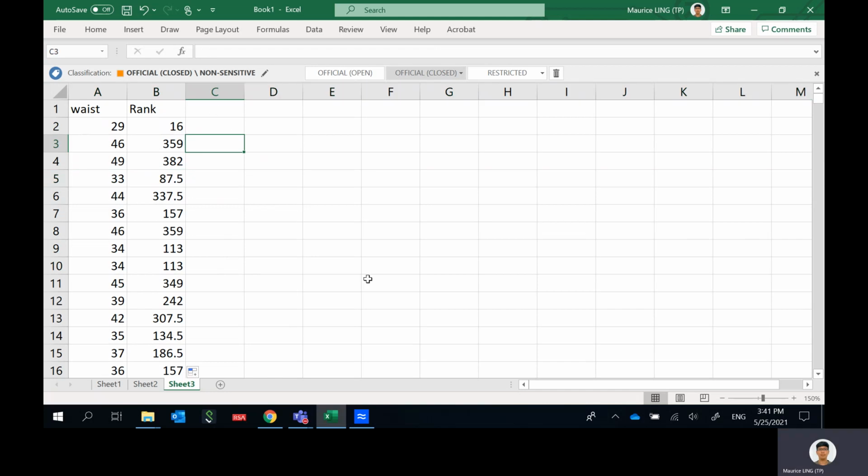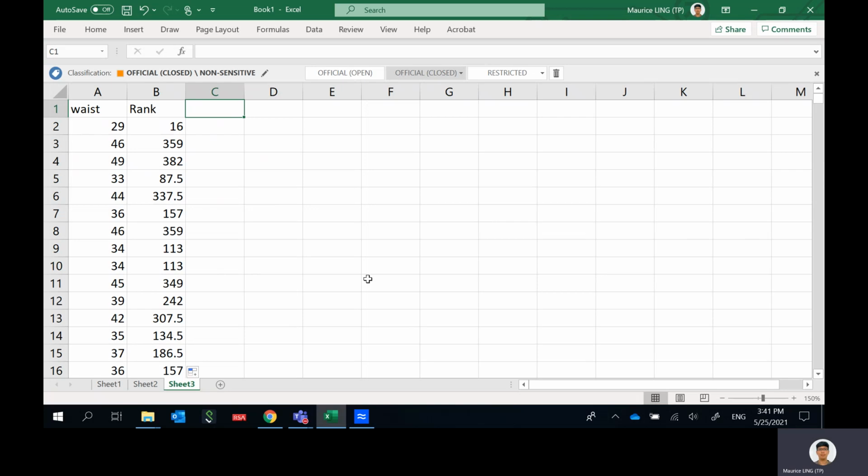All up to here? All done? Now you have to do it step by step. So the next step is you want to convert the ranks into percentile. You need to know the maximum rank so that you can convert it into percentile.